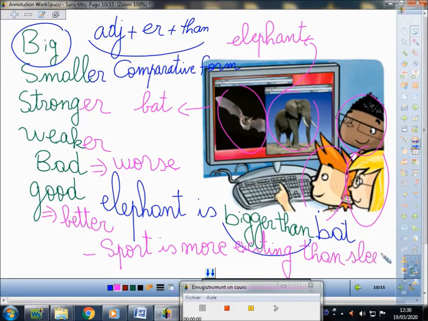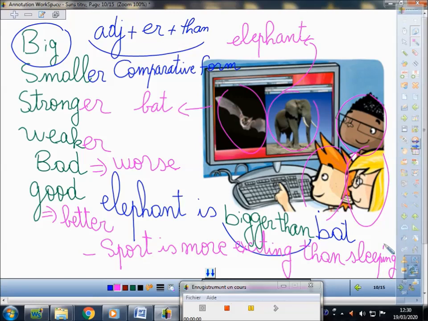Okay? Like the adjective beautiful, I'm not going to say beautifuler. For example, elephant is beautifuler than bat. This is wrong. No. We say elephant is more beautiful than bat. Elephant is more beautiful than bat.